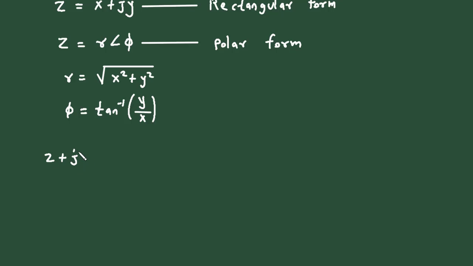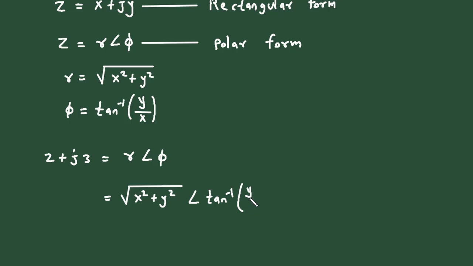We need this in r at an angle phi form. So r is equal to under root of x square plus y square, at an angle phi which is tan inverse of y by x.